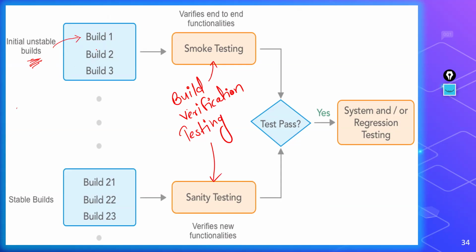So let's say they added a new feature, new build. They fixed some bugs, new build, likewise. So they'll keep creating these new builds. And we also know that we are doing smoke testing to verify the basic functionalities.